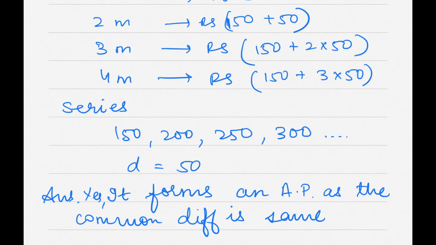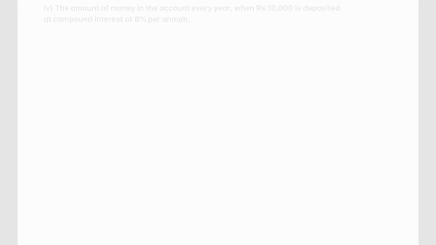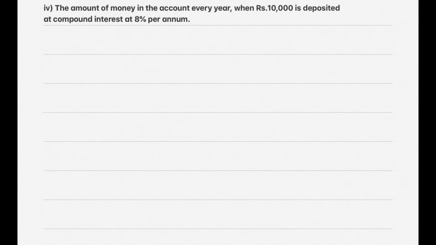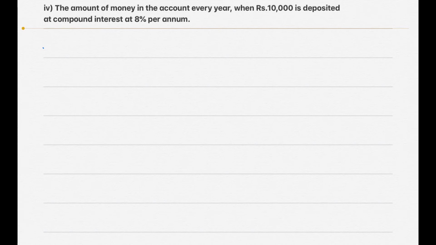Now the fourth part of the question says the amount of money in the account every year when rupees 10,000 is deposited at compound interest at 8% per annum. Okay, this definitely we know won't be in AP, correct. The reason is that in simple interest, we get the same interest every year, maybe for 10 years.